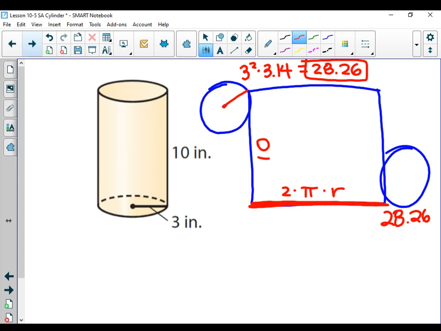So, 10 times 2 times 3.14 times 3. That's a lot. 10 times 2, I just told Maddie, sometimes I do the whole numbers first. 10 times 2 times 3, I think that's 60. Times 3.14.